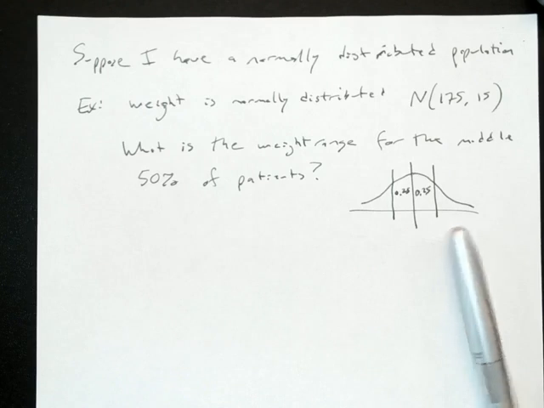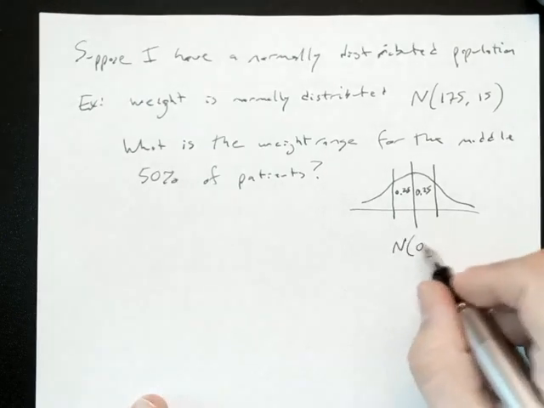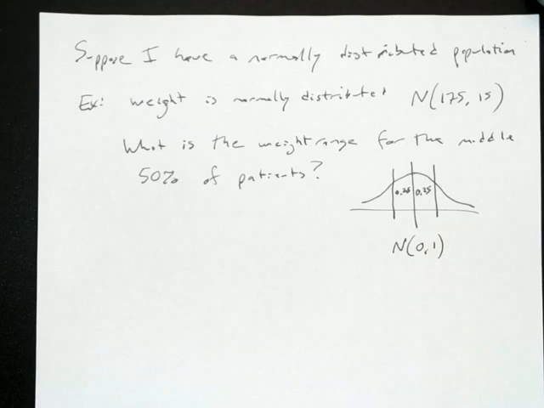So I'll write this. This is N(0,1). So I'm working with Z at the moment, not X. But that means I can look up the number whose area is closest to 0.25.